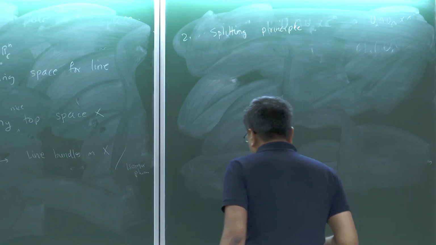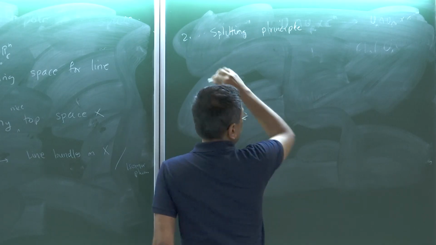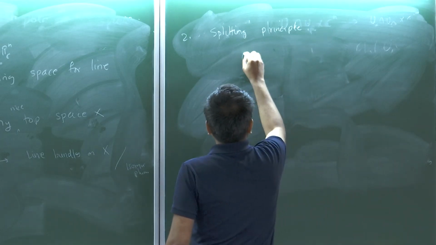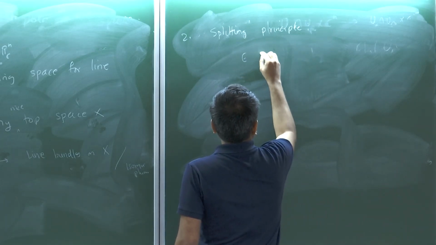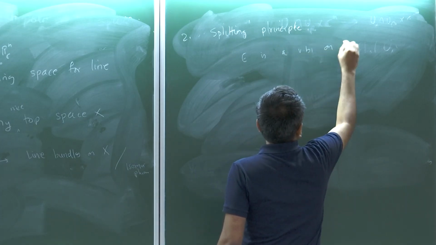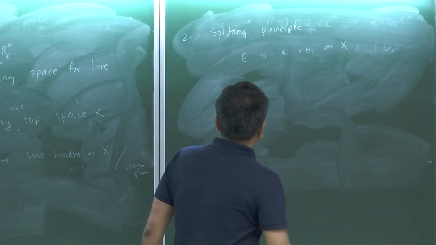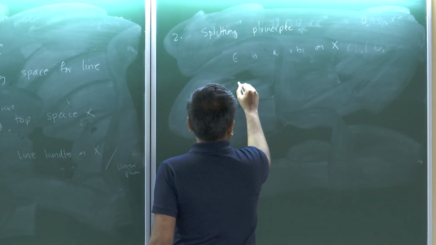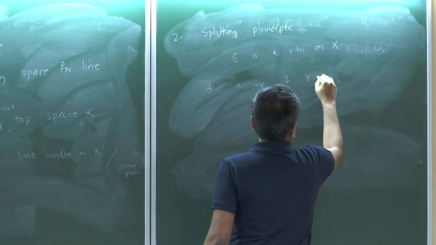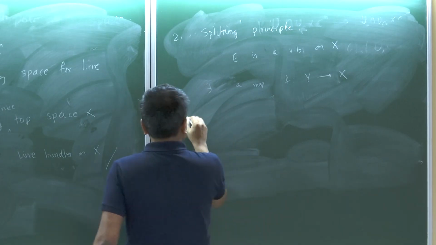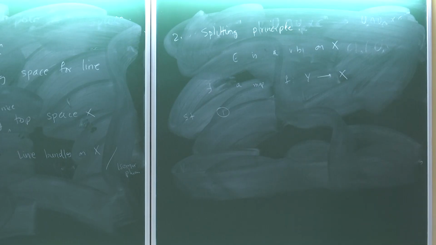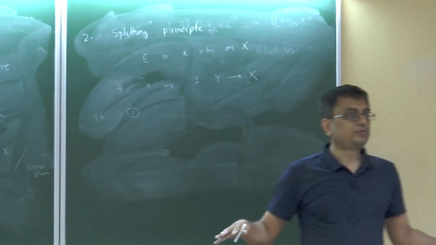Okay. So what this says is the following. It's called a principle, but it's actually a theorem. If E is a complex vector bundle on X, then there exists a continuous map F from Y to X such that, first, when I pull back E, it becomes a direct sum of line bundles.